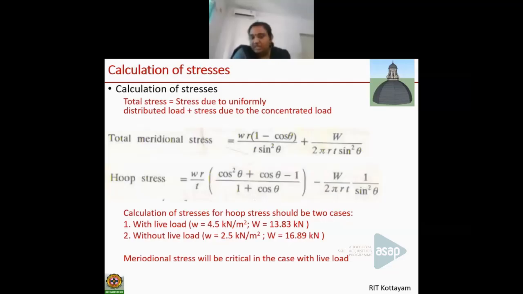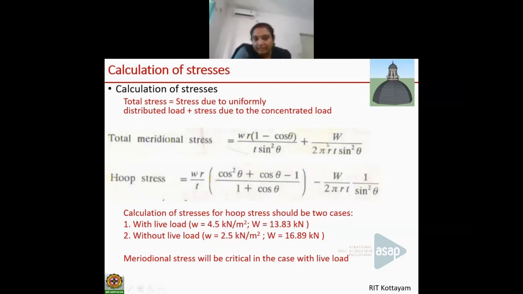And then you have to calculate the Meridianal stresses and hoop stresses. You don't need to spend time calculating the Meridianal stress for the without live load case, because the with live load case will always be critical in that. But for the hoop stress, you should do the without live load case as well, because that can go to the critical regime, right?